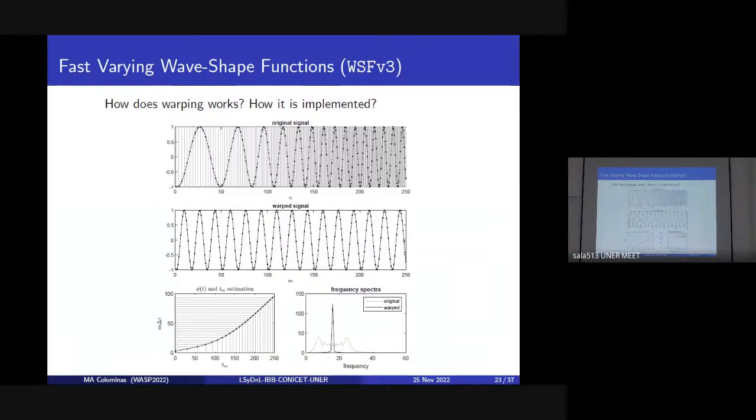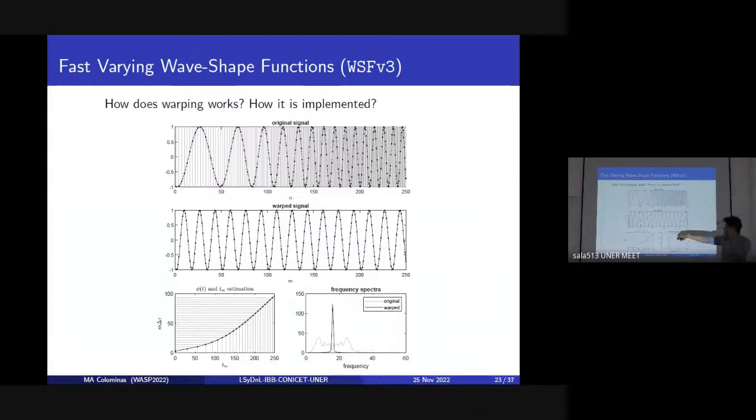We have the signal in discrete time, but we can always interpolate it to have an approximation of the real-time signal, and we can resample that interpolated signal to have what we call the warped signal.